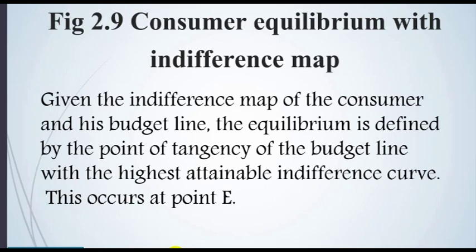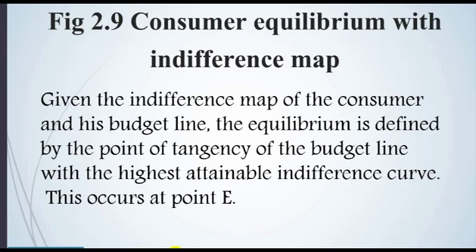From these equations, we obtain dZ/dQ1 is equal to lambda P1, dZ/dQ2 is equal to lambda P2, dZ/dQn is equal to lambda Pn. Note that dZ/dQ1 is equal to MU1, dZ/dQ2 is equal to MU2, and dZ/dQn is equal to MUn.